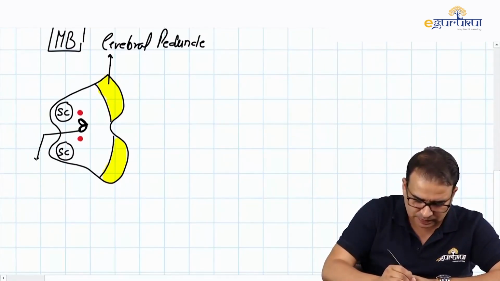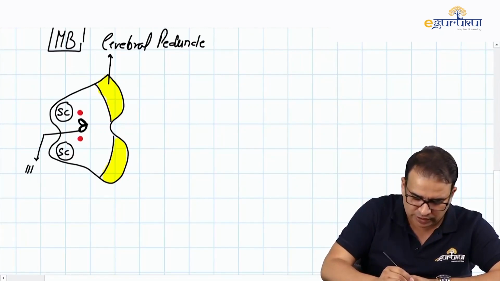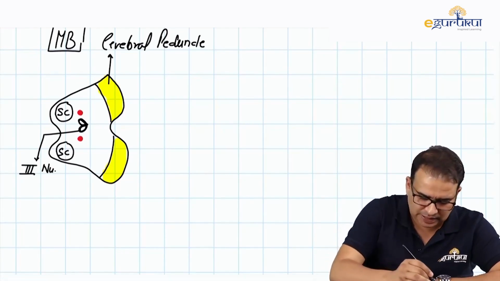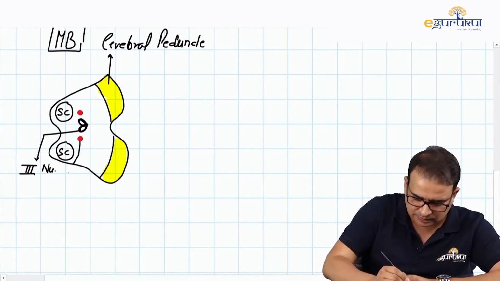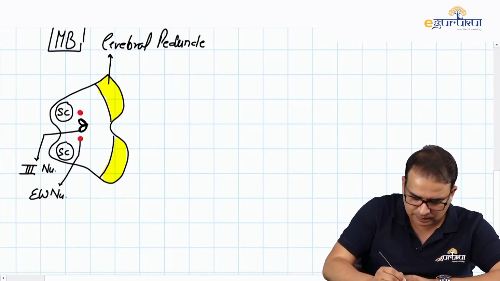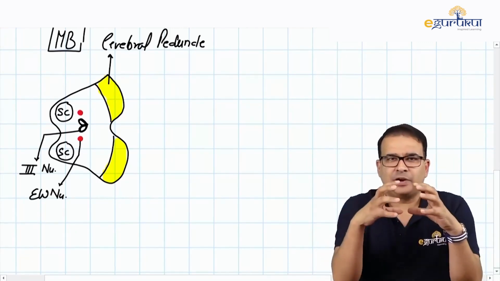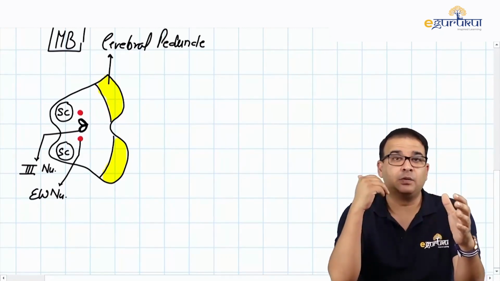This is the motor nucleus of the third nerve, and this here is the Edinger-Westphal. That's the part of the brainstem from where the third nerve will begin.